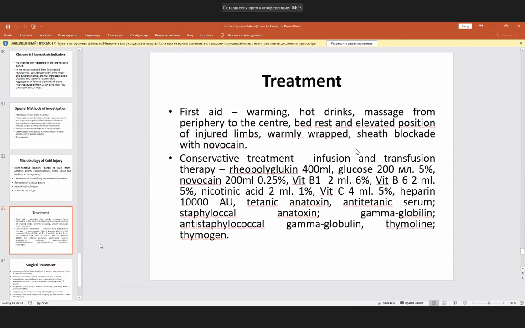Conservative treatment: infusion and transfusion therapy, rheopolyglucin, glucose, Novocaine, vitamin B1, vitamin B6, nicotinic acid, vitamin C, heparin, tetanus toxoid, anti-tetanus serum, staphylococcus toxoid, gamma globulin, anti-staphylococcus globulin, thymoline.